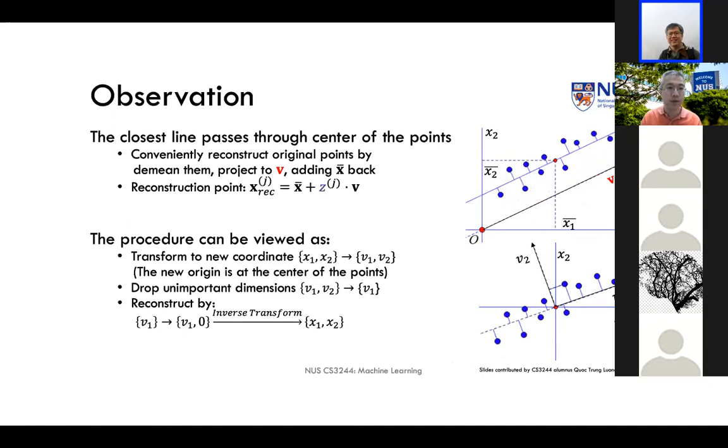Right, so the closest line that best encodes all of the points will obviously have to pass through the center of the points, okay? So we have that observation. So we can reconstruct it as best as possible by projecting on the line V, on this V that's transposed over here, and then adding back the mean of all of the points, right?